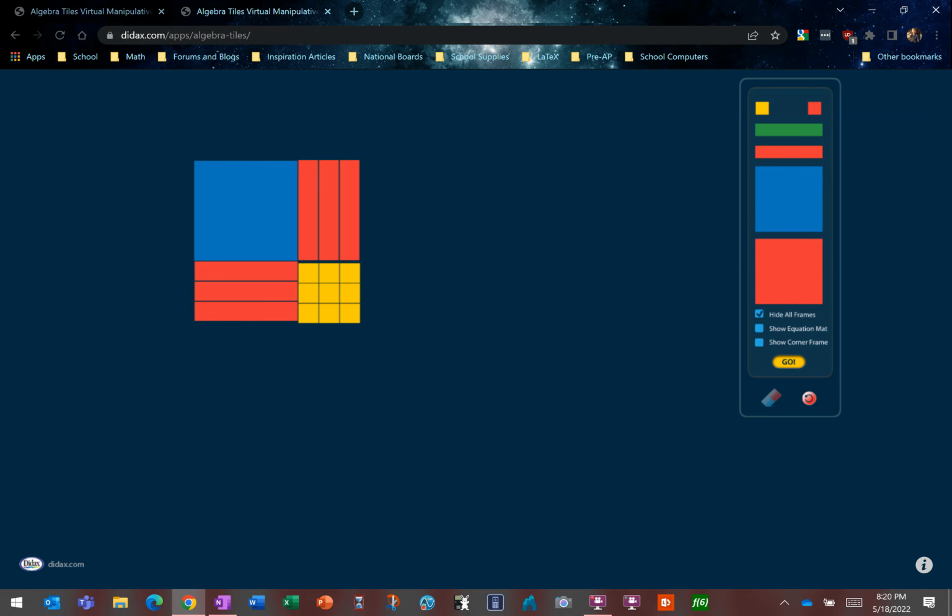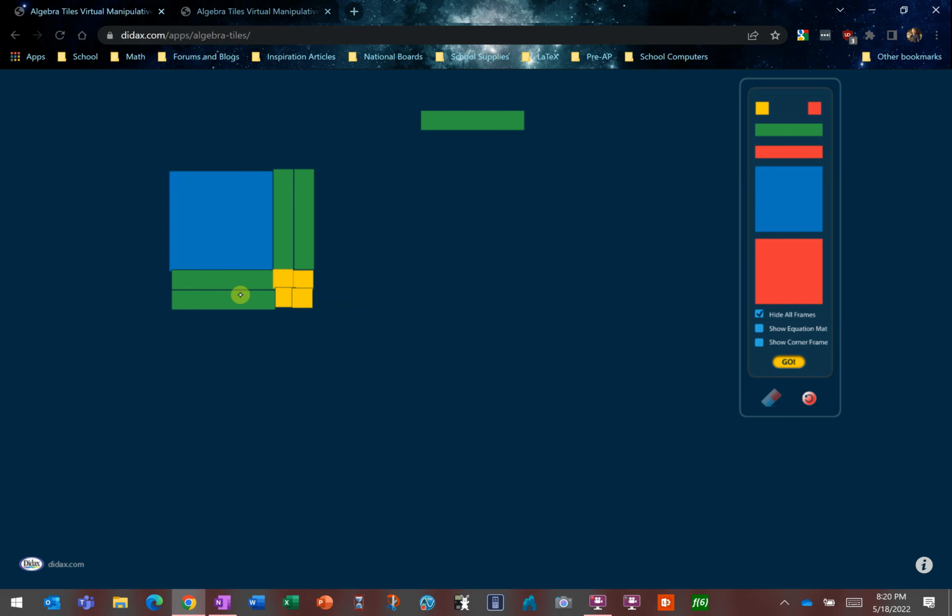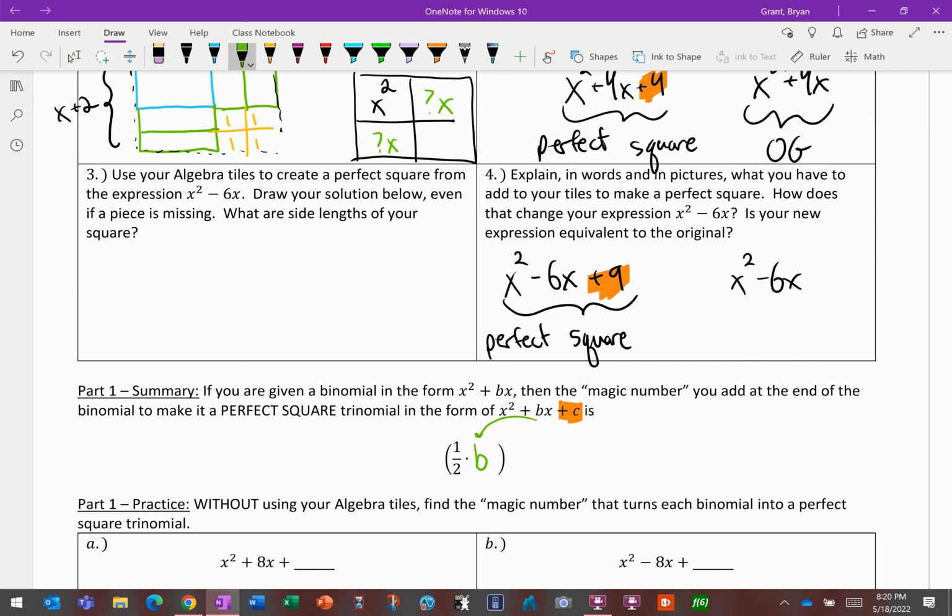But just doing half of b here got me 3. The number we needed to add at the end was 9. So what did we do with 3 to turn it into 9? We multiplied it by itself. Same thing, what did we do to 2 to turn it into 4? We multiplied by itself. And the way that we show something being multiplied by itself is we square it. This is, at its core, how we complete the square.